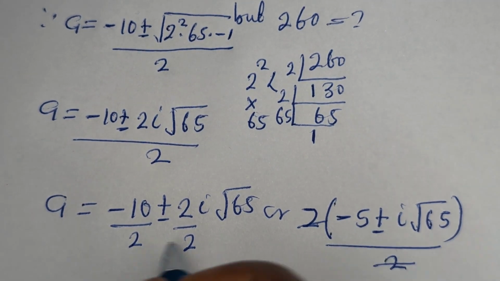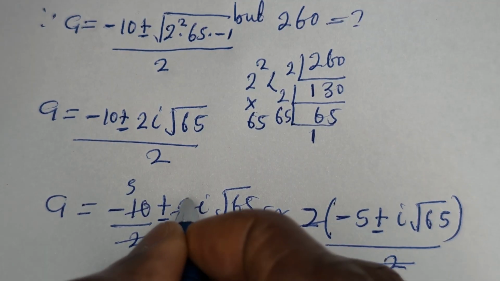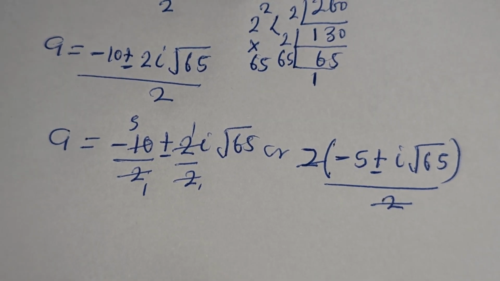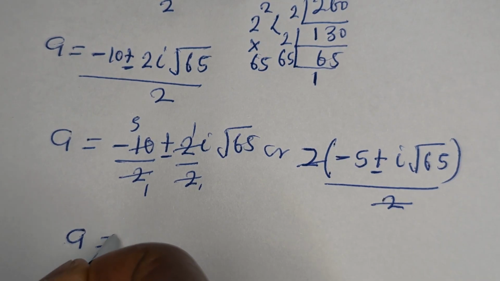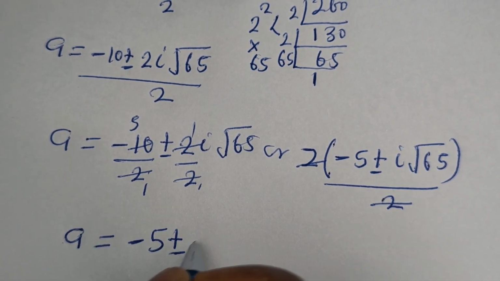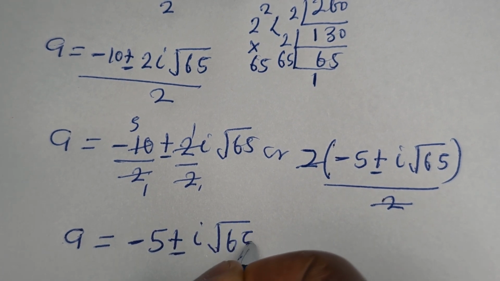This cancels this. A is equal to minus 5 plus or minus i square root of 65.